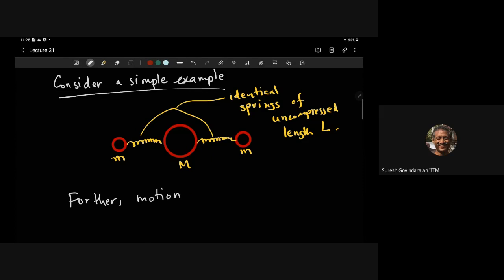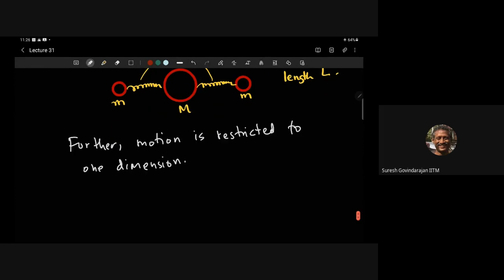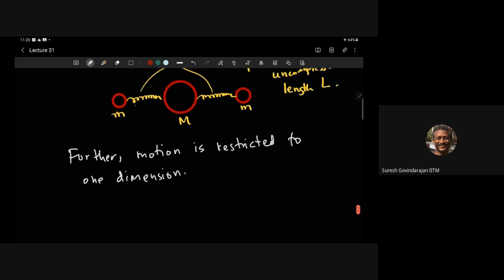We could have other dimensions, but motion is restricted to one dimension. Let's say that the spring constants are K. And K is the spring constant.